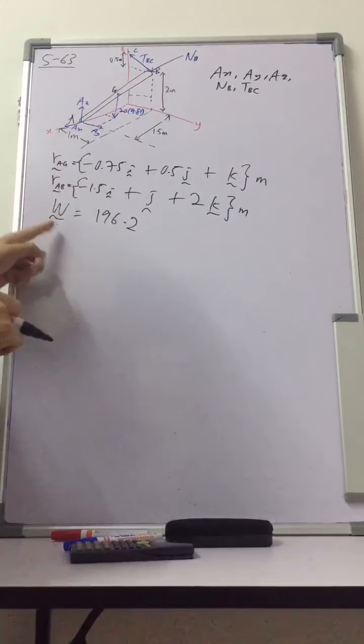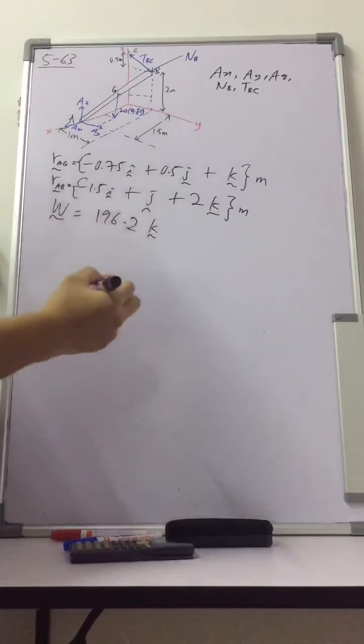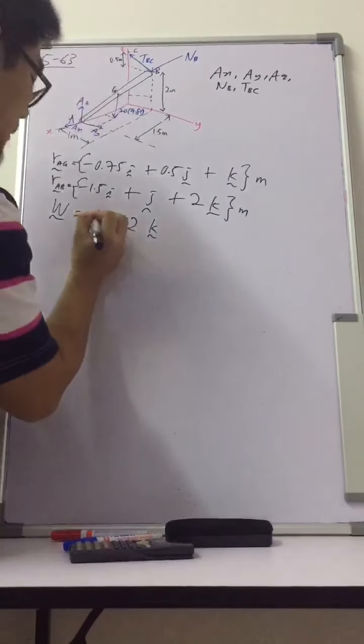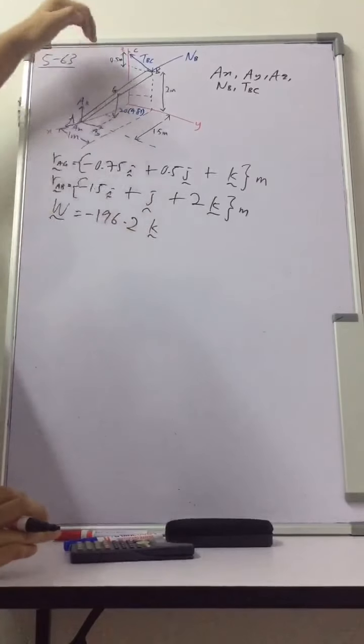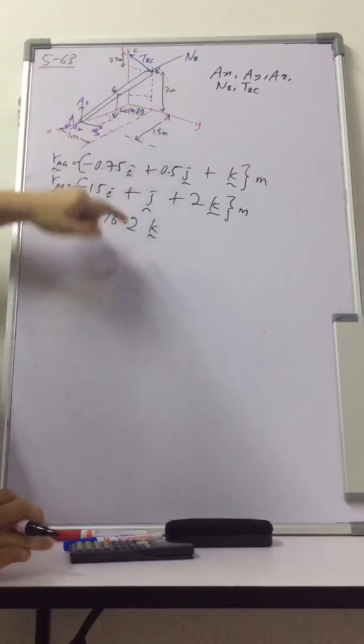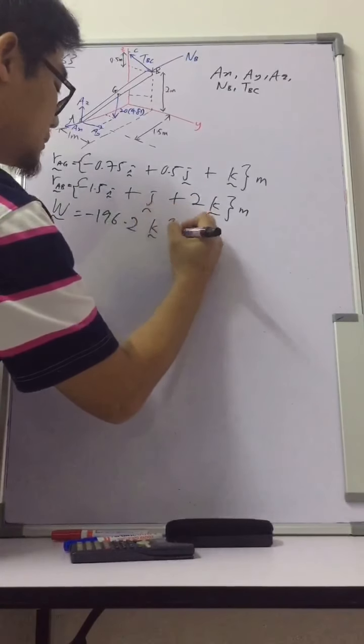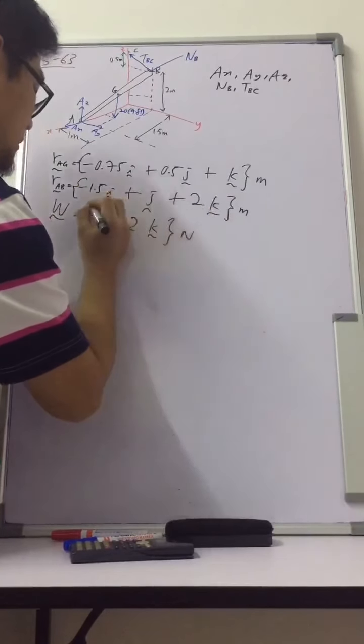But here, because it's a vector, you need to put the direction, which is k, z, and then minus, because it goes in the minus direction of z. And then the direction is in k. Is it okay? The unit is Newton.